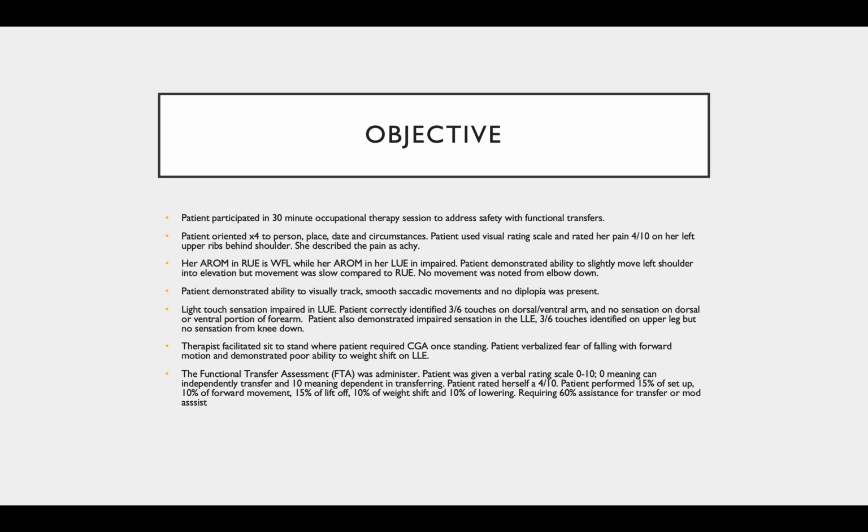And then I wrote out the range of motion screen, how they performed and what areas they were having difficulty with. And then into the vision screen, the sensation screen, discussed the sit to stand and then the functional transfer assessment.